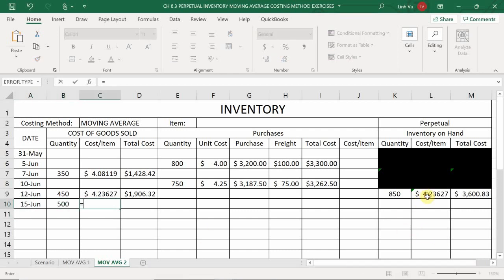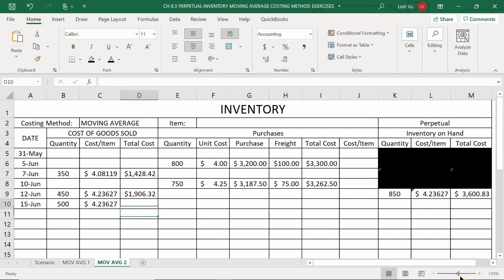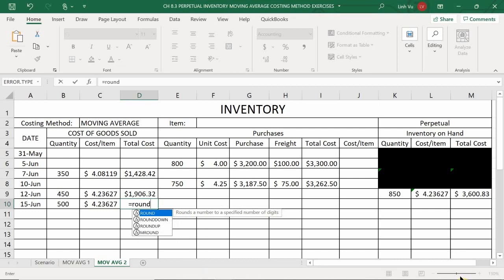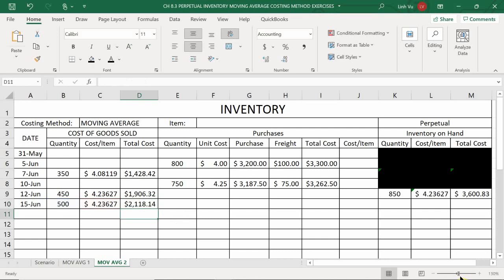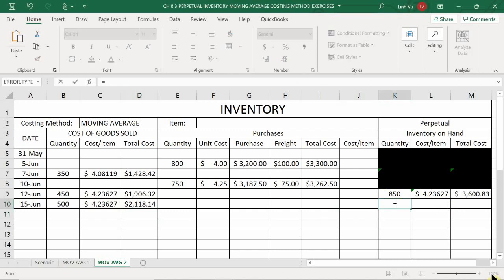So that's going to give me a new total cost of goods sold to be 2,118.14. Good, right? You have to round up there. Okay. So once again, I no longer have 850 because I sold 500. So that leaves me with 350 remaining.